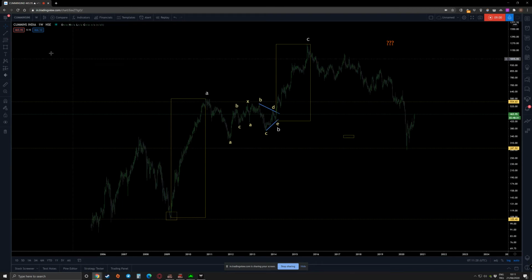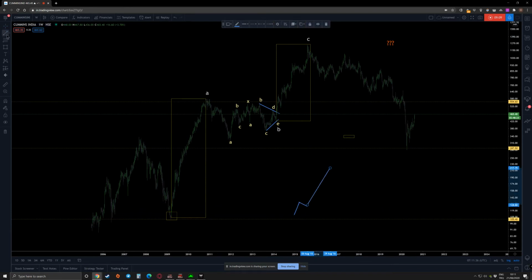Now, if you're looking for impulsive moves such as 1, 2, 3, 4, and a 5, yes, something like that, usually in impulsive moves, unless the fifth wave is a terminal move, 99% they end on the top or the bottom.